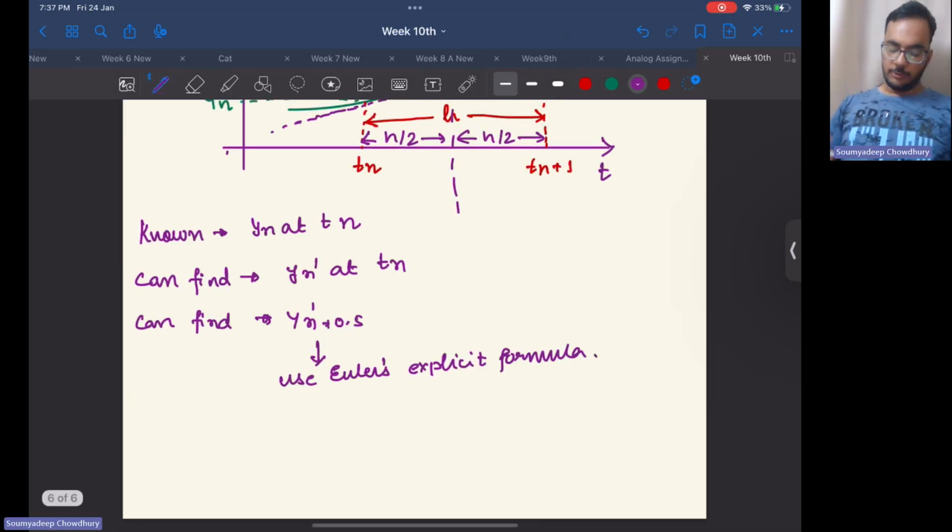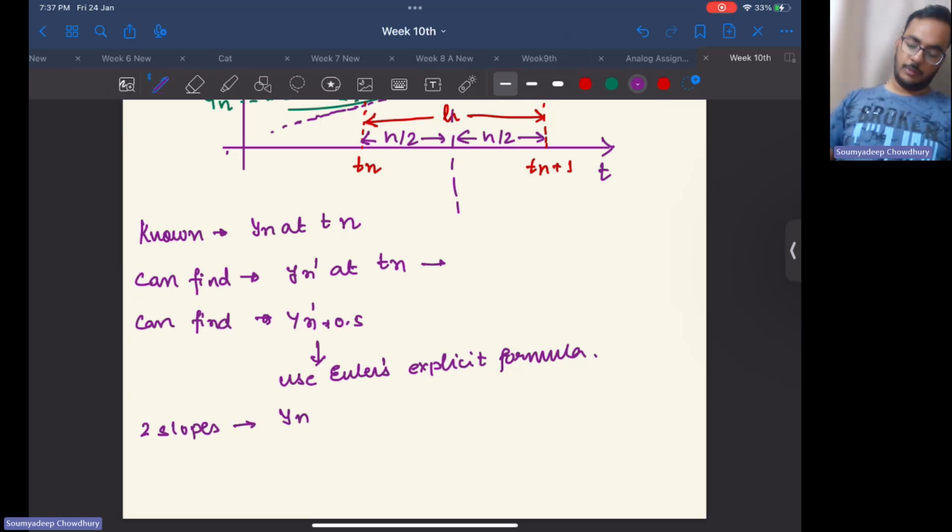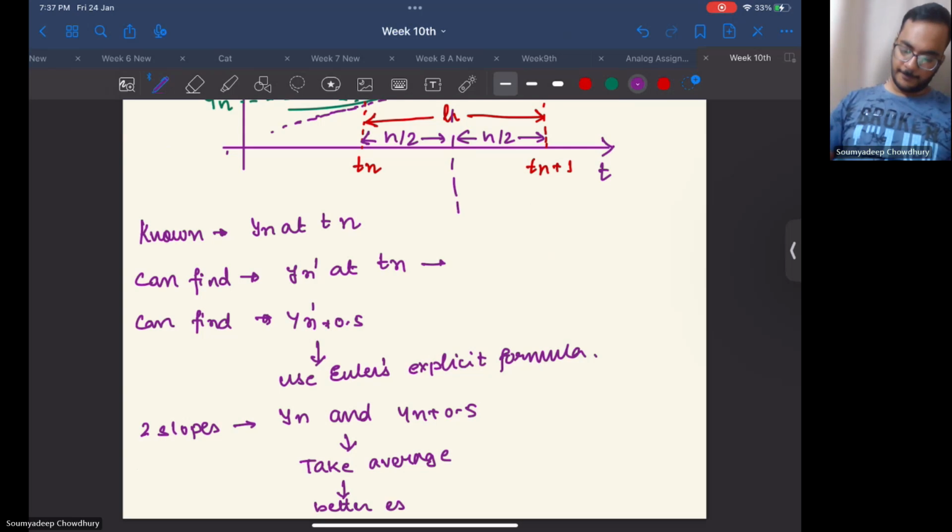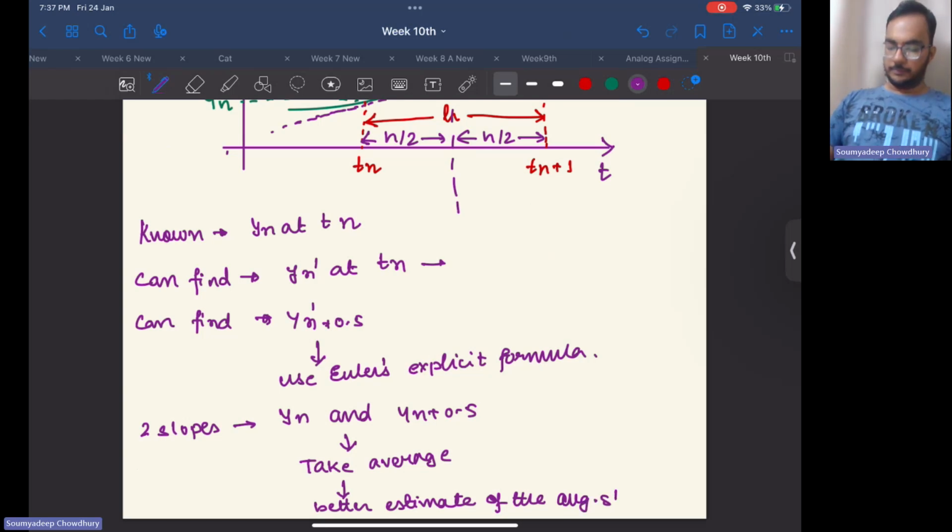So now we have two slopes, right? One is yn dash at Tn and another is yn dash at n plus 0.5. We take the average of them. So that gives a better estimate of the average slope.